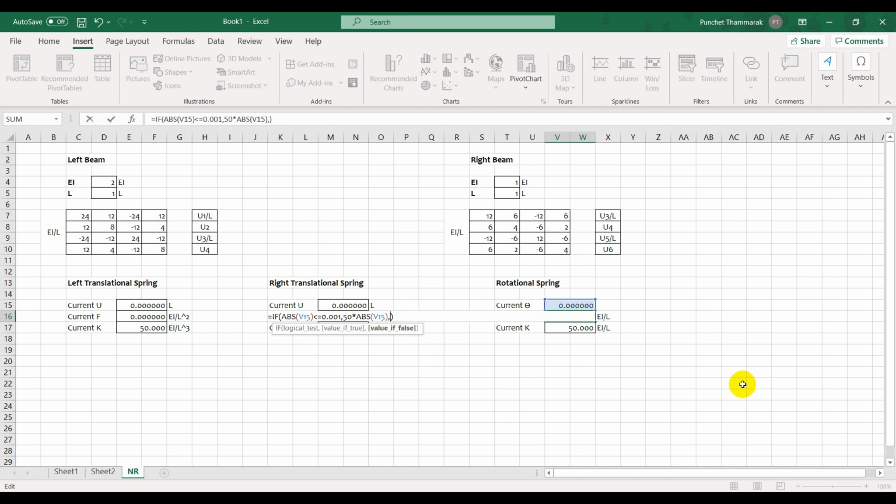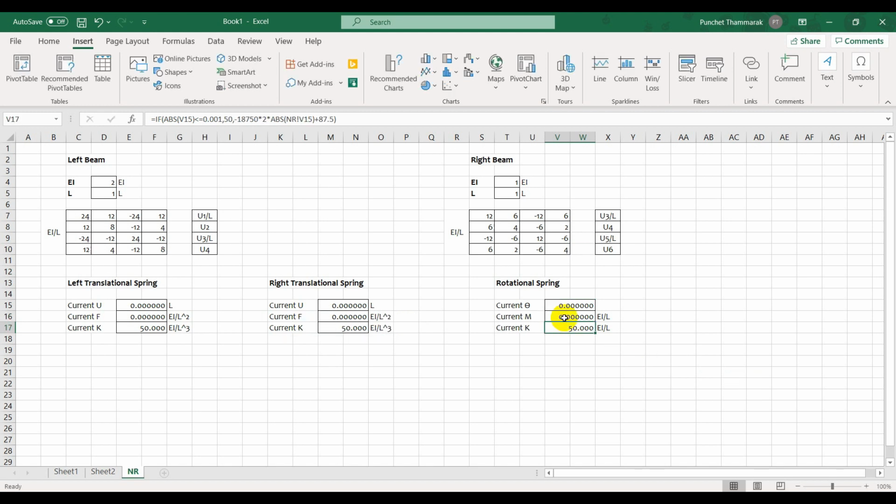When the theta is saturated, the moment is equal to 0.01 EI over L. If it's not saturated yet, it is 100 EI over L multiplied by theta, and the theta limit is 0.001 radian.